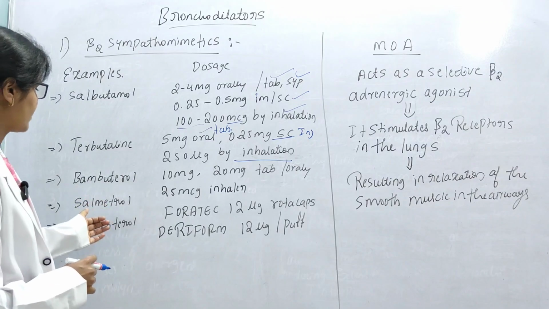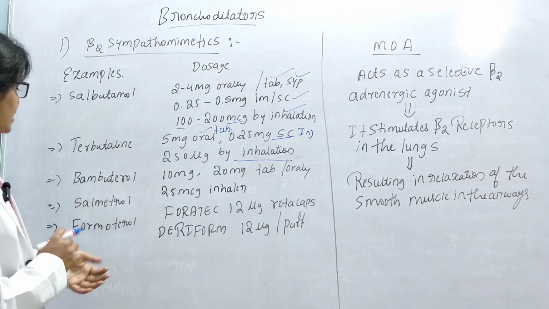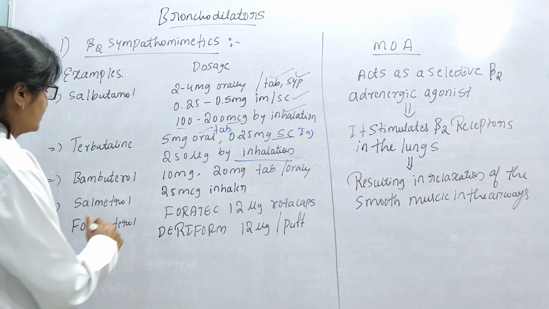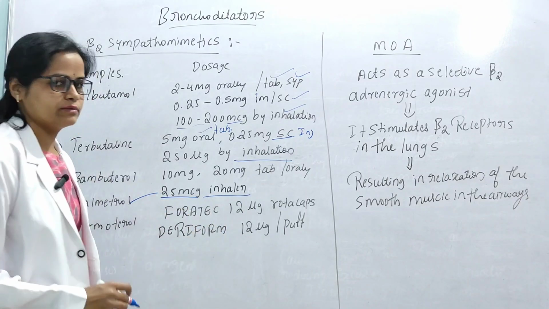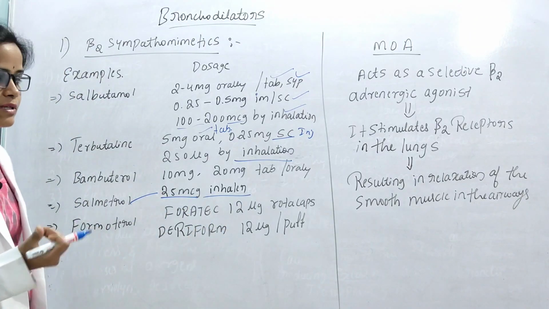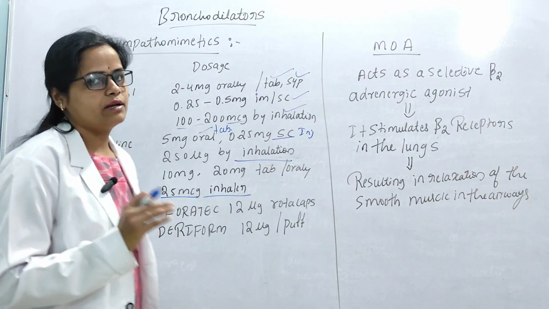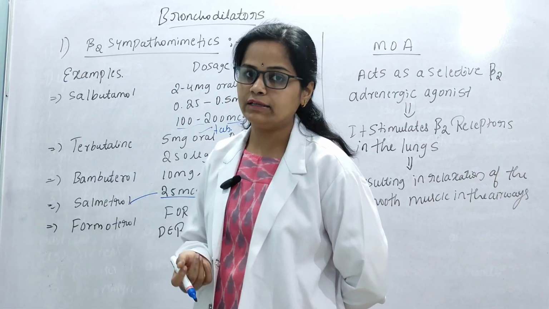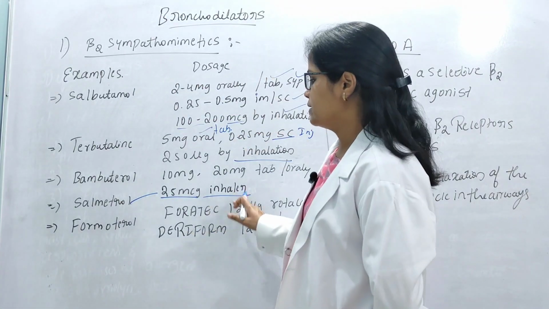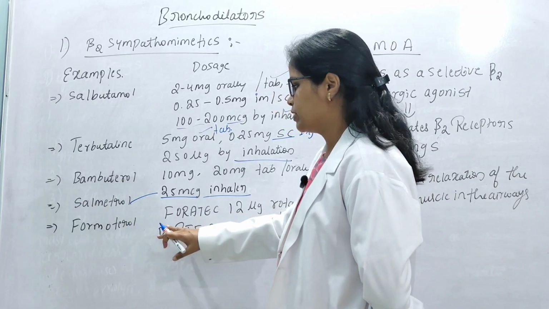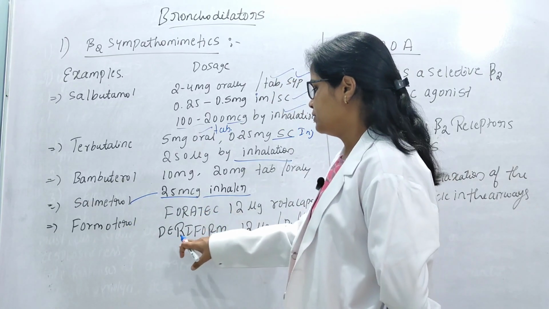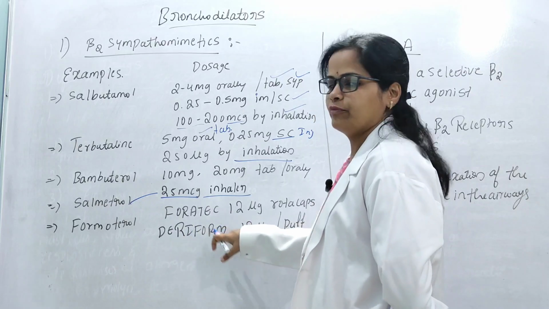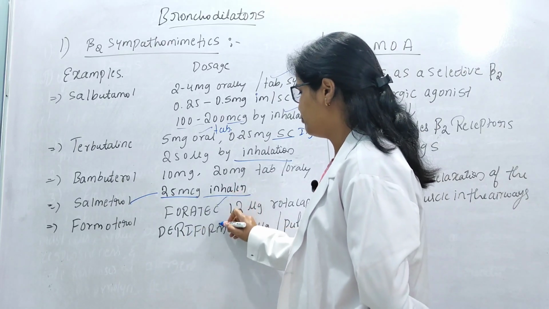Next drug is salmeterol. It is available only in the form of a 25 mcg inhaler. And next is formoterol. It is available in two forms, Foratec and Deriform.